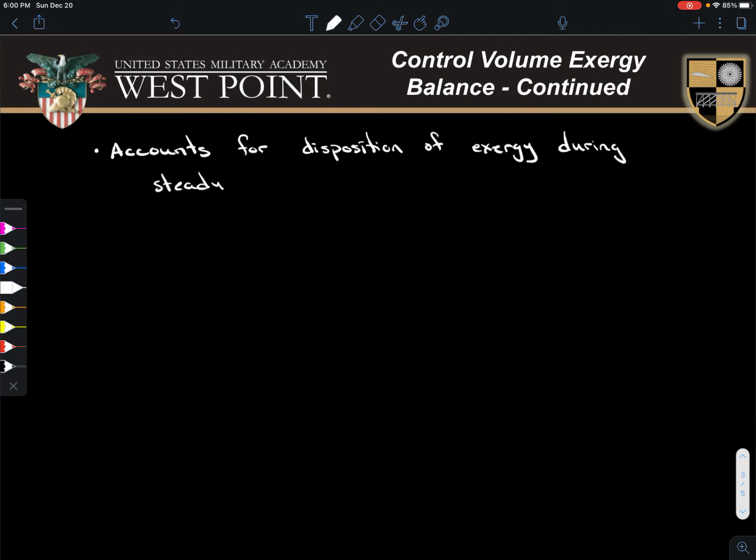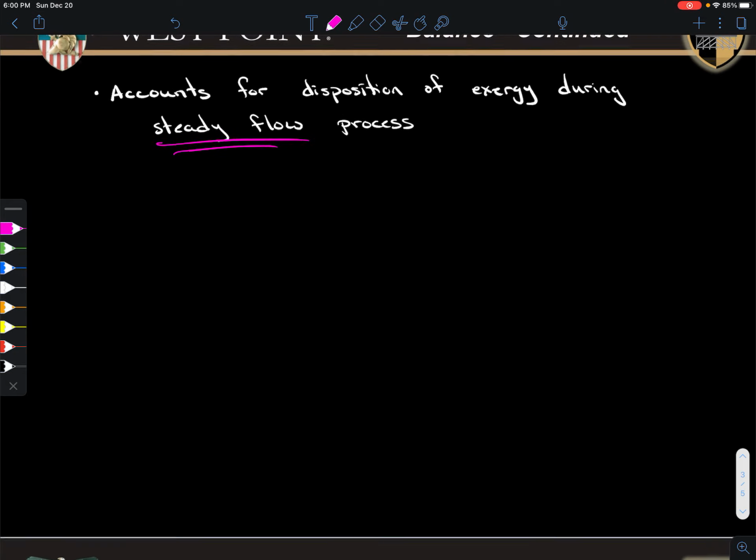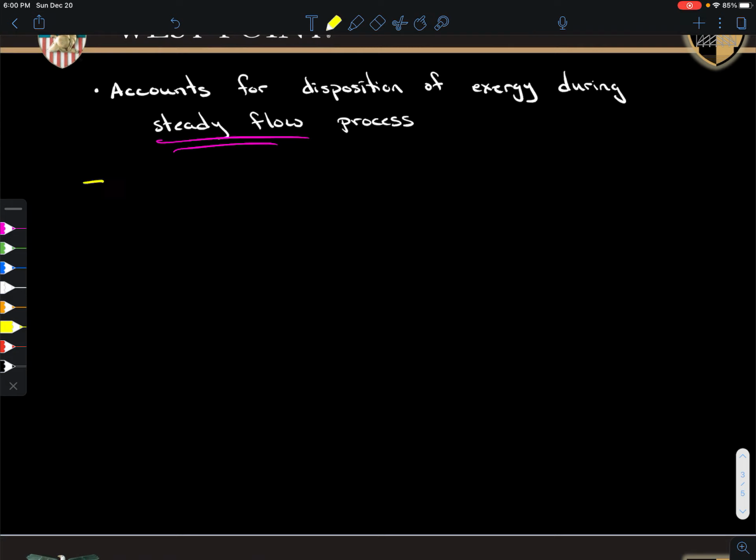And I do need to emphasize that steady flow process, because everything we're talking about right now is for steady flow devices. Okay? We've got a few implications here.